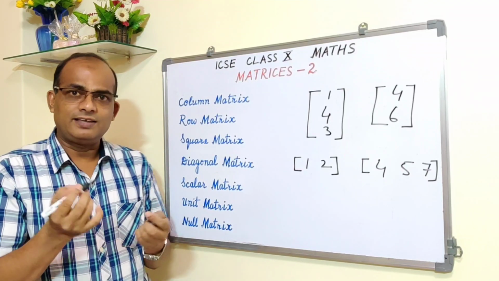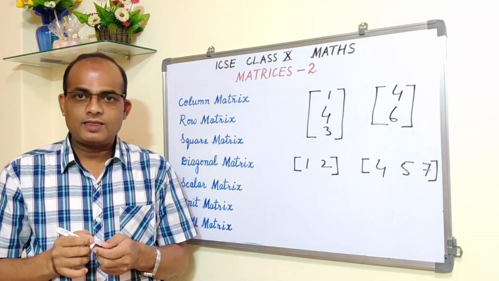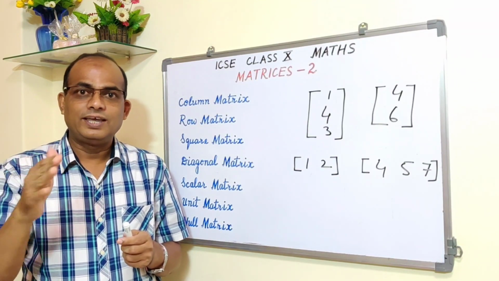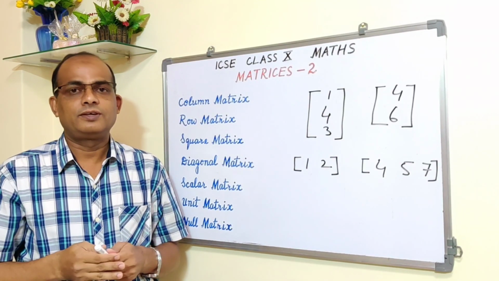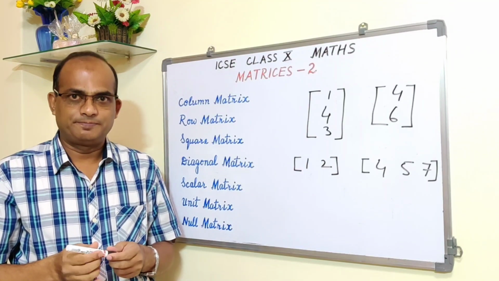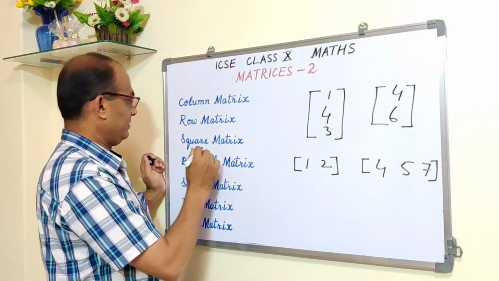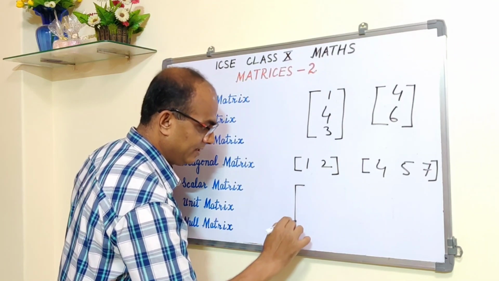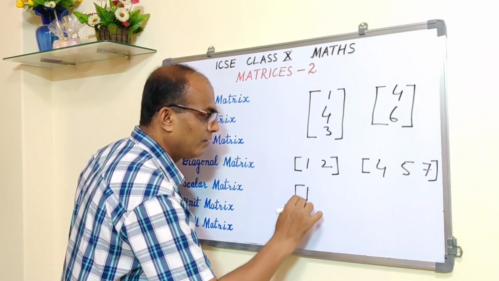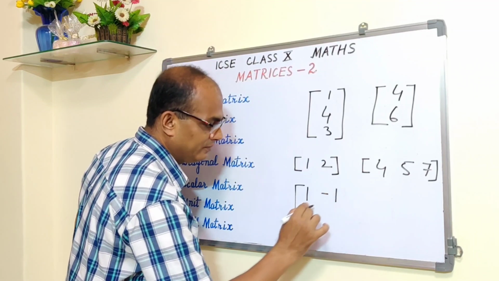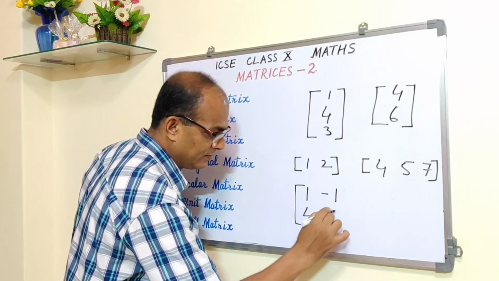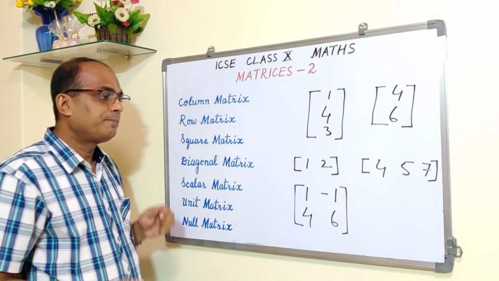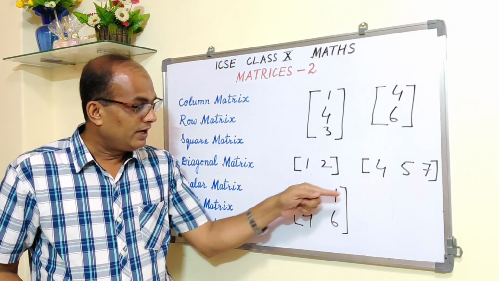A square matrix, as the name itself tells you, means that the number of rows and the number of columns should be the same. For example, a square matrix is 1, -1, 4, 6. How many rows are there? 1, 2.